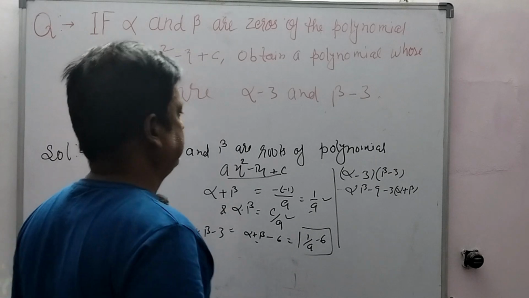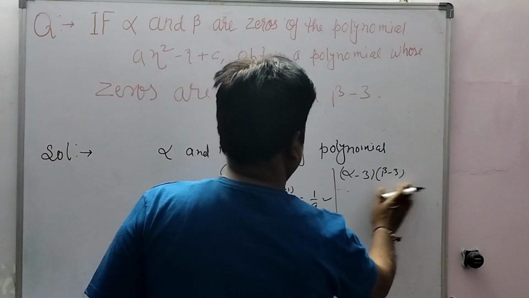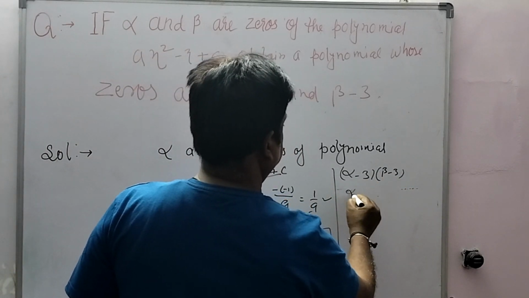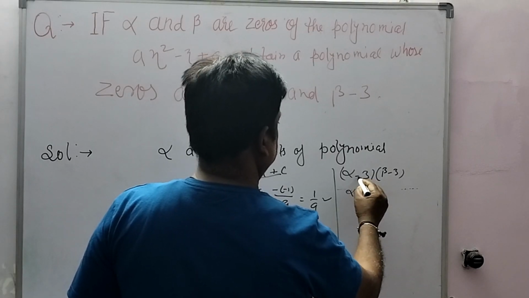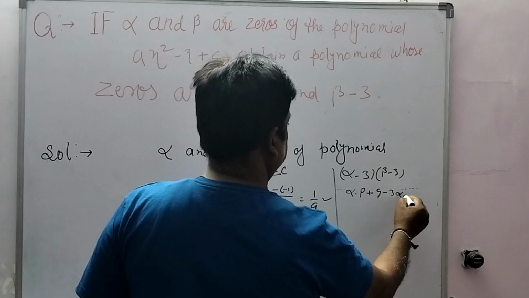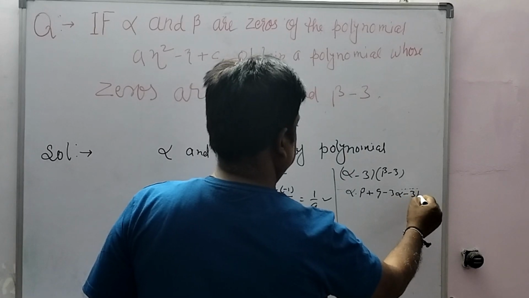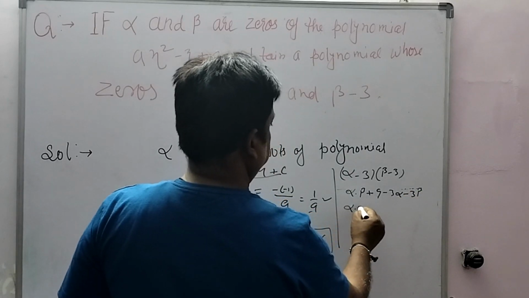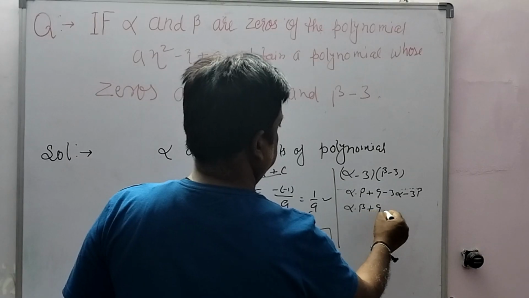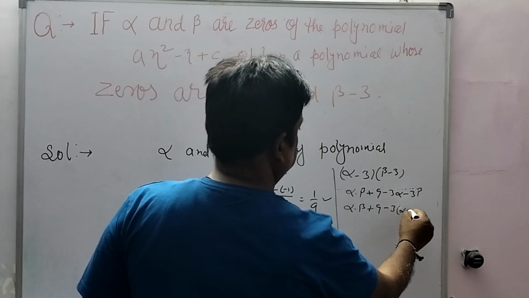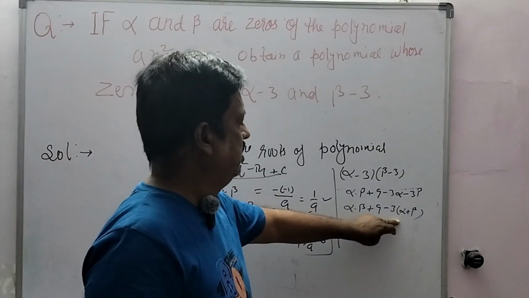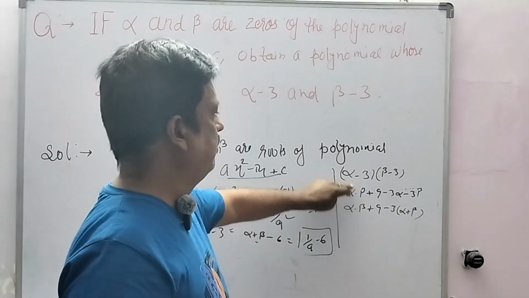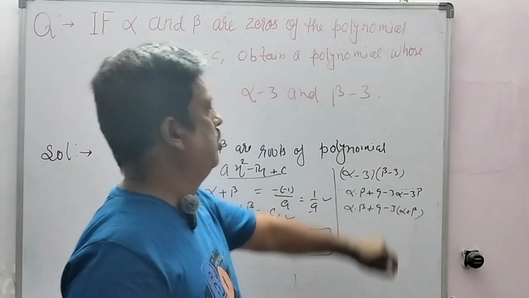Okay. Alpha into beta plus 9 minus 3 alpha plus beta. That is finally the form taken of the product of the new roots.